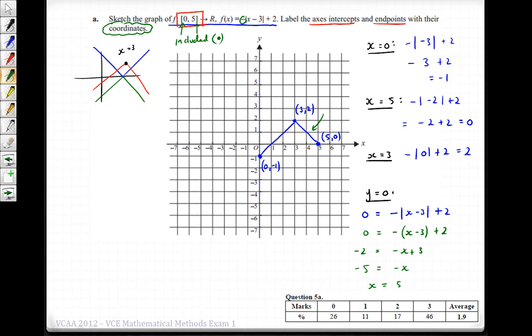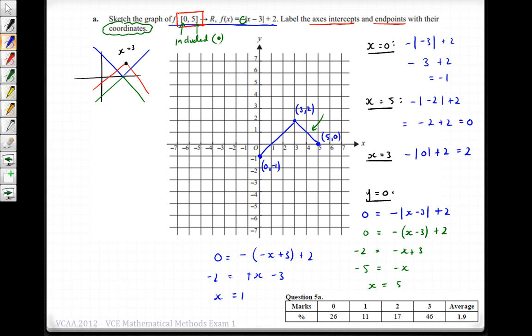And then the other one would occur when the graph is 0 equals negative of negative x plus 3 plus 2, and then we subtract 2, so negative 2 equals negative, okay, let's expand this negative out, so plus x minus 3, plus 3 to both sides, and we get x equals 1.